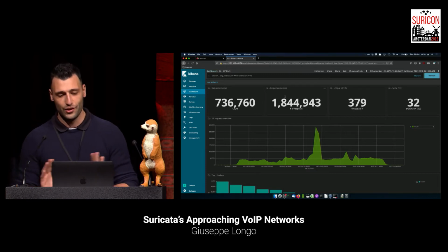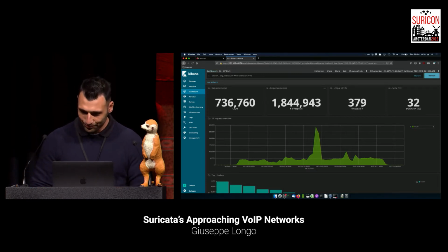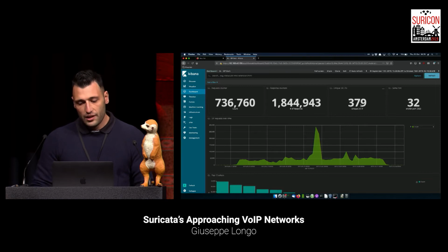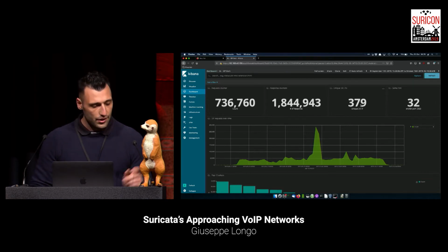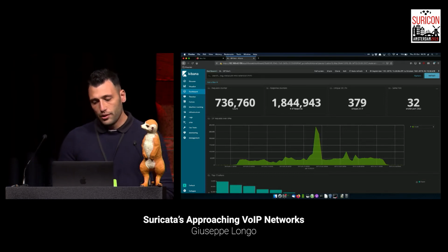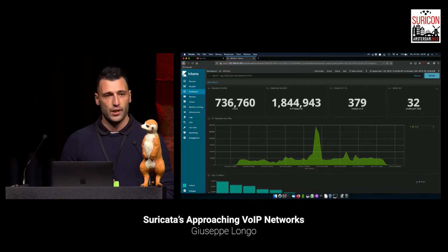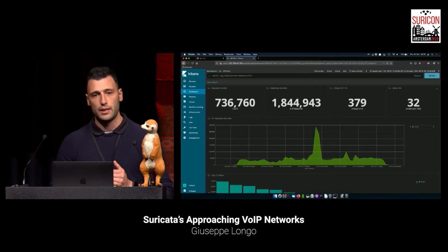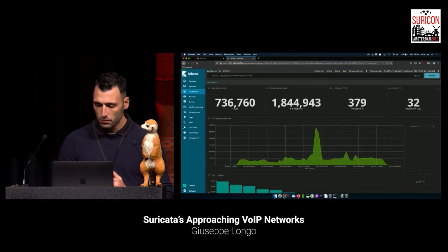So no worries, it's not a bug, everything is okay. This is the number of unique attackers, so quite a lot. This counter is a bit surprising because when I was looking at traffic, I found out that some other SIP servers were sending some traffic to my honeypot, which I think is a bit strange.